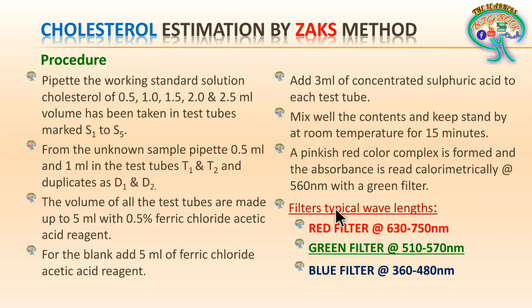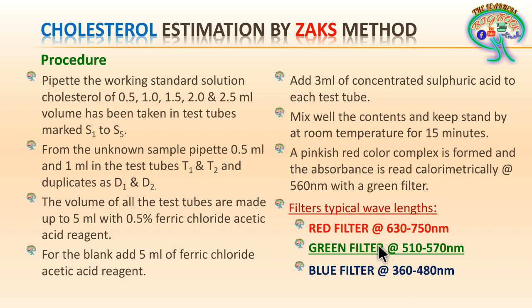Now in this procedure slide you can see the filters' typical wavelengths: for the red filter it is 630 to 750 nanometer, for the green filter it is 510 to 570 nanometer, and for the blue filter it is 360 to 480 nanometer.